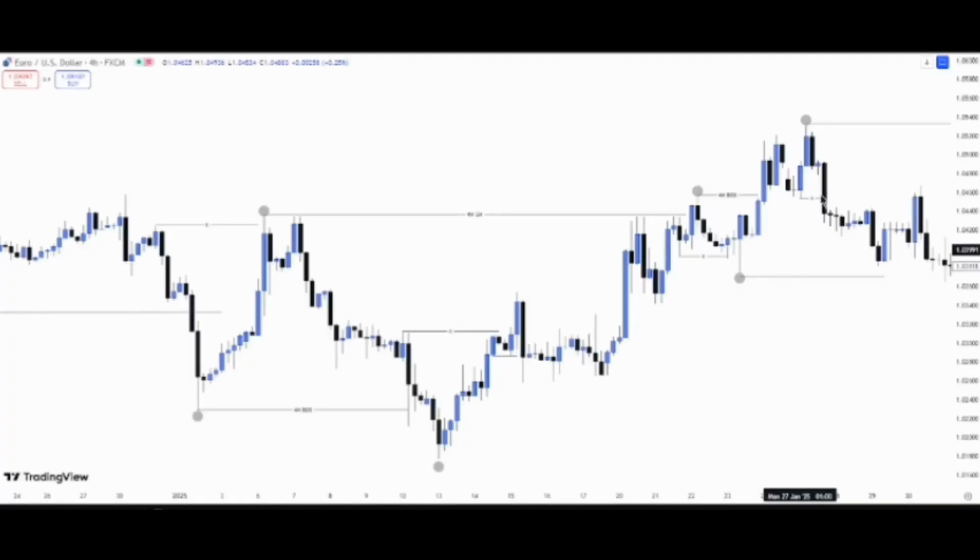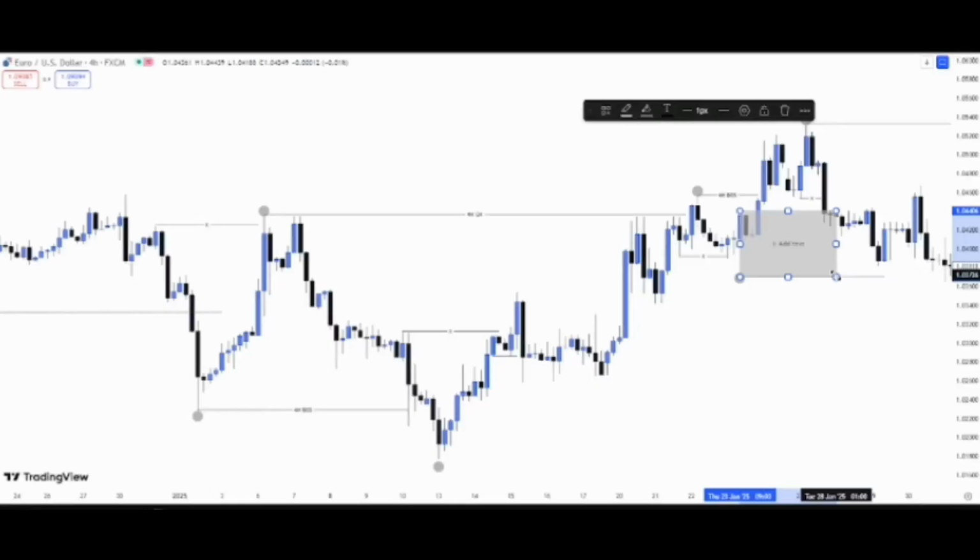Because this is our trading range, we are supposed to take trades within our trading range after inducement. So after inducement, this is supposed to be our area of interest. If this is too large for you, you can refine it however you want. Okay, so that's our area of interest.